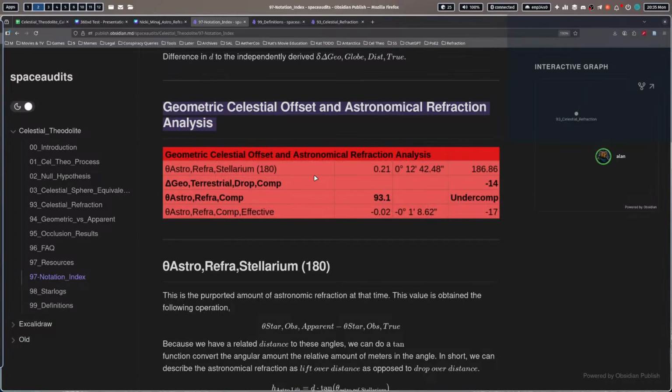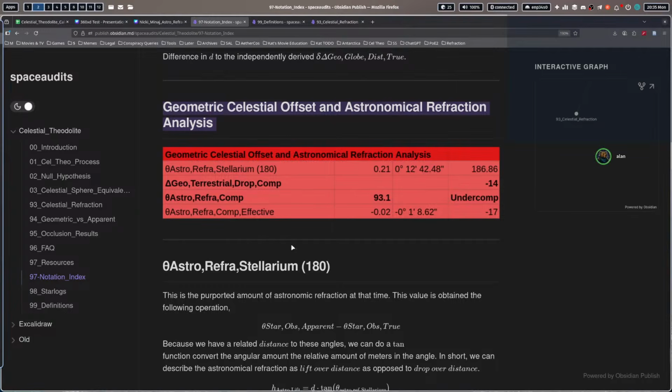And that's the importance of all this, because even when we go through the other measurements and we see that they're double and triple compensating for their curvature, there are instances where it completely fails. So we call that the delta geometric terrestrial drop comp.